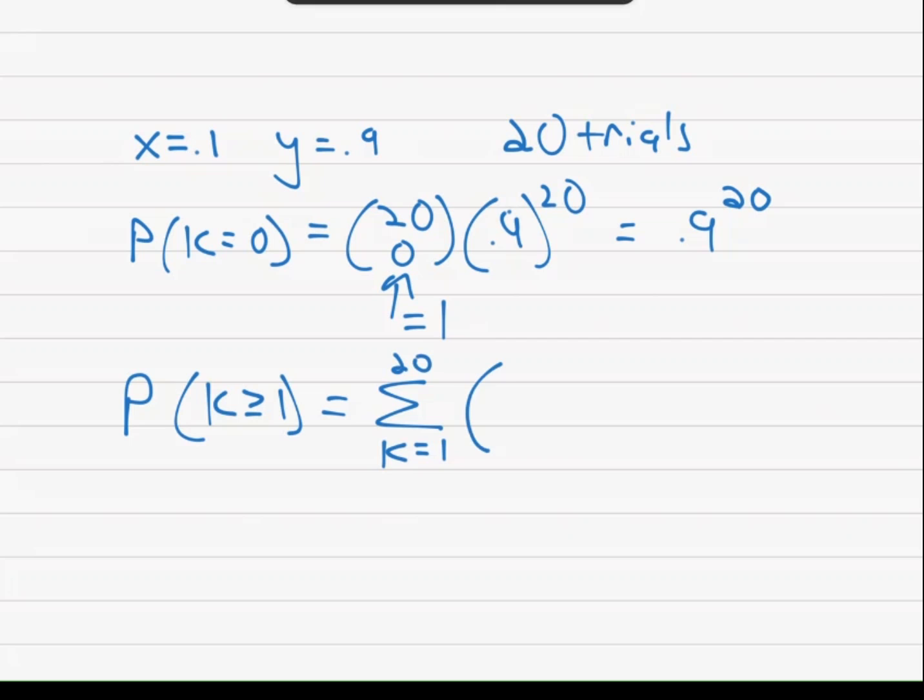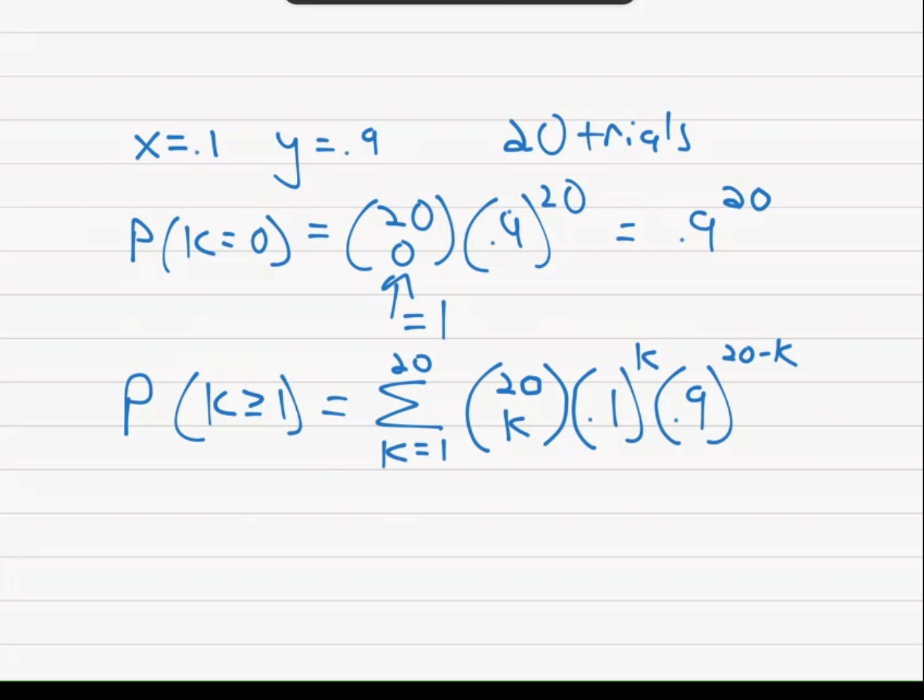And at each step, I'm going to have the number of trials choose k, because k is the number of successes at that step. So this is going to be 0.1, the probability of success raised to the number of successes power, and the probability of failure raised to the number of failures power.